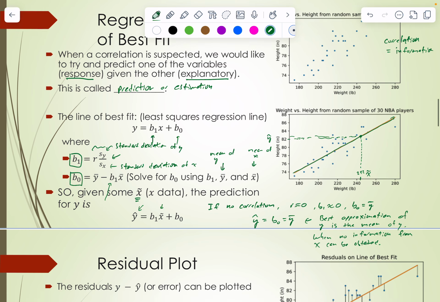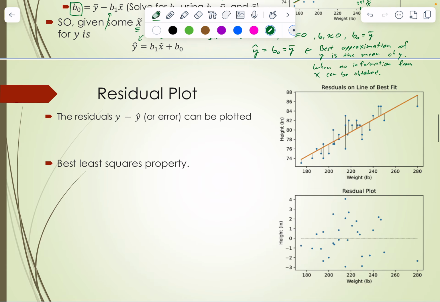Okay. Now, there's something called the residual plot, and those are the errors. For all of the data that we have a y, we also have a predicted value, which is this value on the line of best fit. So for instance, let's take this data point right here. That's an actual data point, and it differs from what the prediction would be, which is down here on the line of best fit.